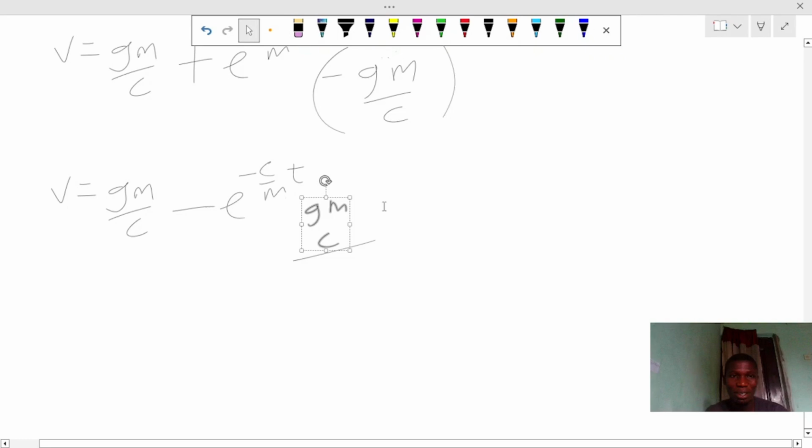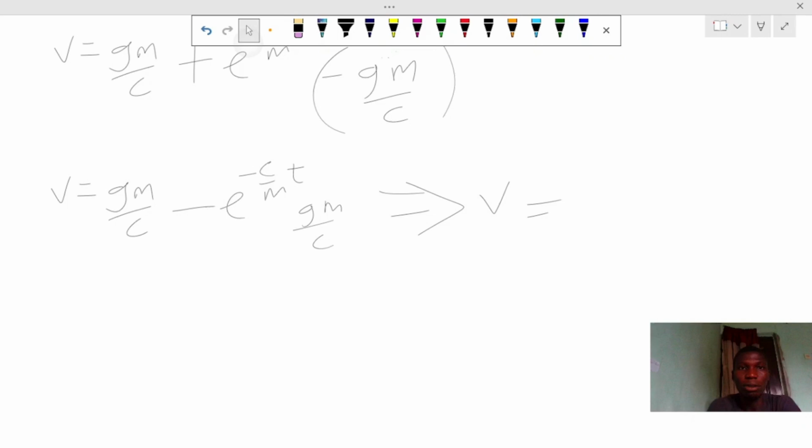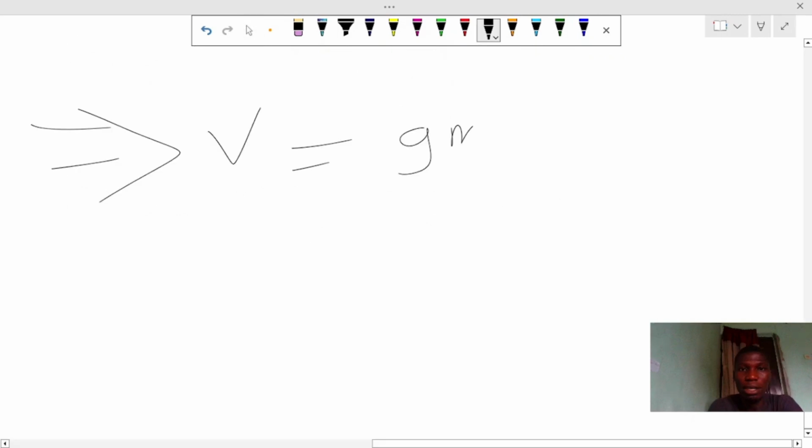Once we factor out gm, we are going to have v equals gm, not just gm over c, gm, then we'll have 1 minus exponential t.